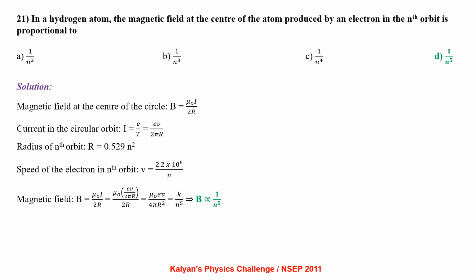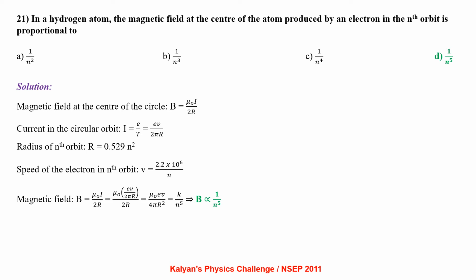In a hydrogen atom, the magnetic field at the center of the atom produced by an electron in the nth orbit is proportional to what? Magnetic field at the center of the circle B equals mu naught I by 2r. Current in the circular orbit I equals e by T, that is e by (2 pi r by v). Radius of the nth orbit r equals 0.529 n square.